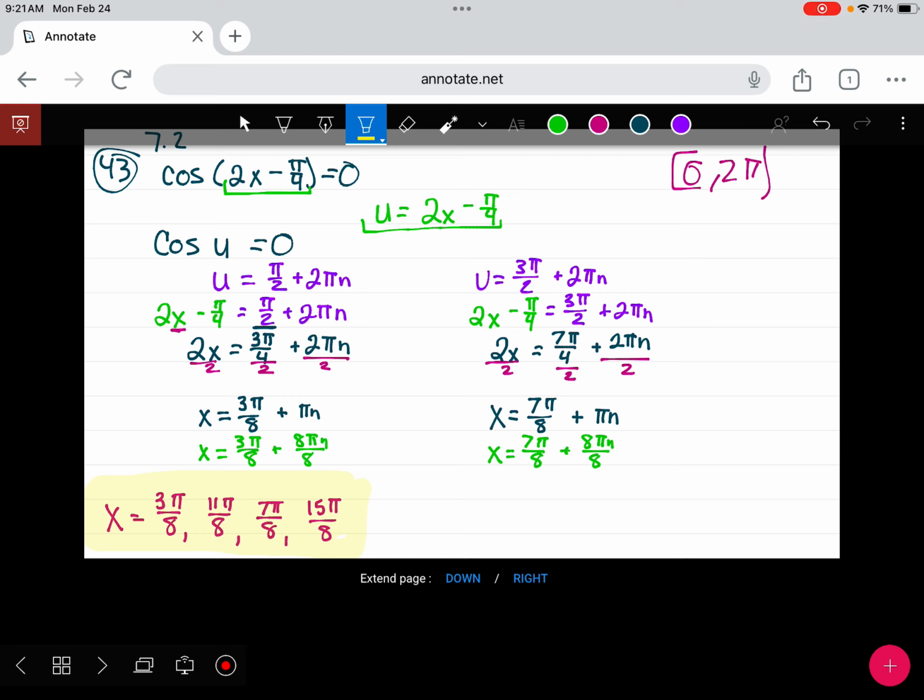More questions on this one? Any more that you guys want to do? 7-1 or 7-2.